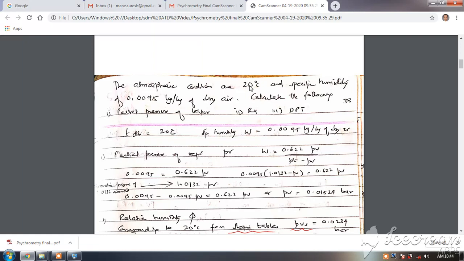When omega is given, straight away use the formula for omega, and when the total pressure of the air is not given, please assume it to be 1 bar or 101.325 kilopascal, whatever the case may be. If you are considering bar, do all calculations in bar, or if you are taking kilopascals, do all calculations in kilopascals. Okay, thank you.